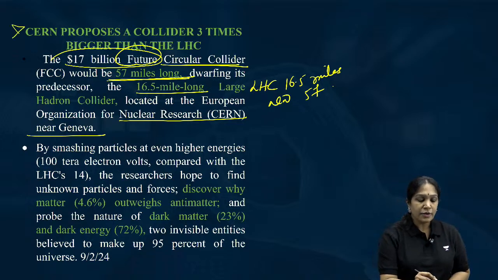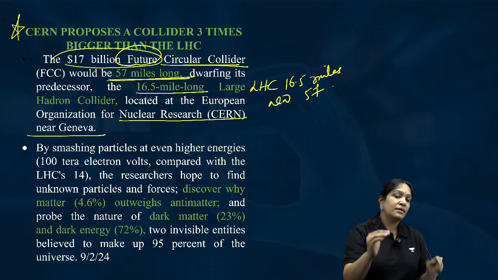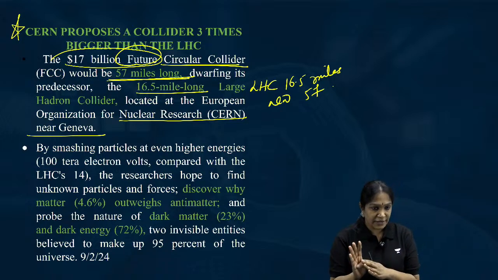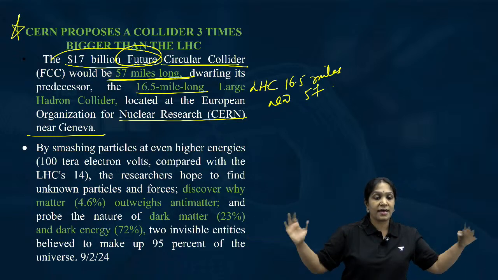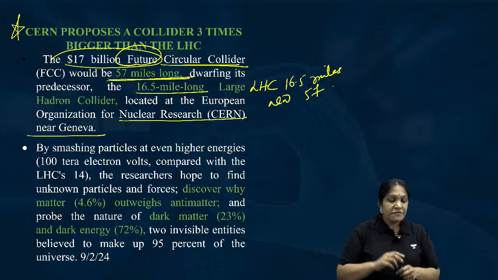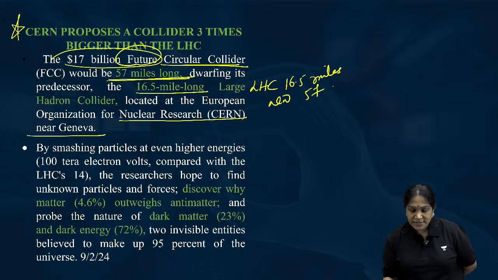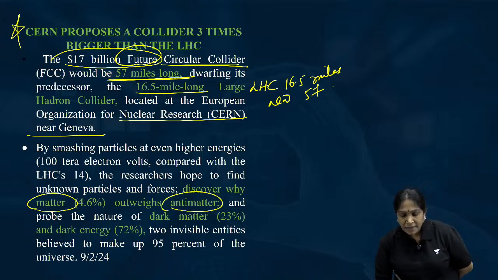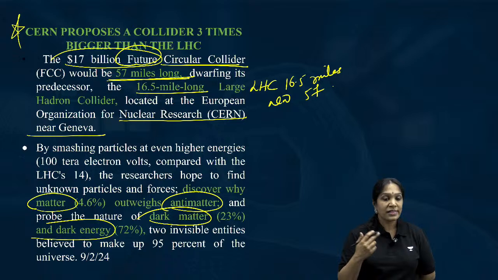There are two news items here. One is that the scientist who discovered this particle passed away. Second, CERN proposes a larger collider. With the larger collider, we will get clues about matter, antimatter, dark matter, and dark energy.